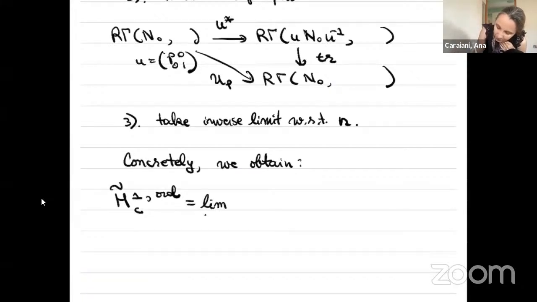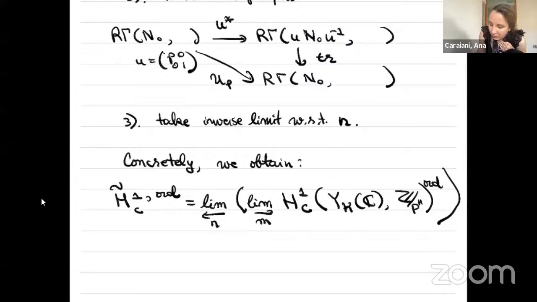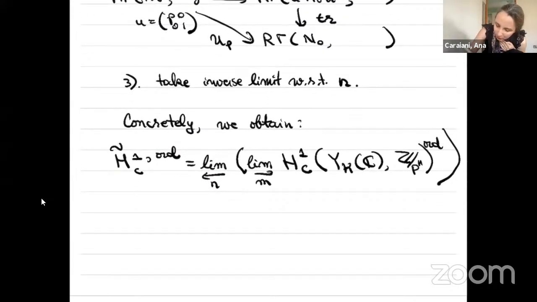And this is going to be an inverse limit with respect to n, direct limit with respect to m, of H1 with compact support of our modular curve with coefficients in Z mod p^n. Here I take ordinary parts and then I take the inverse limit with respect to n. Right, so this is what ordinary completed cohomology is supposed to be.